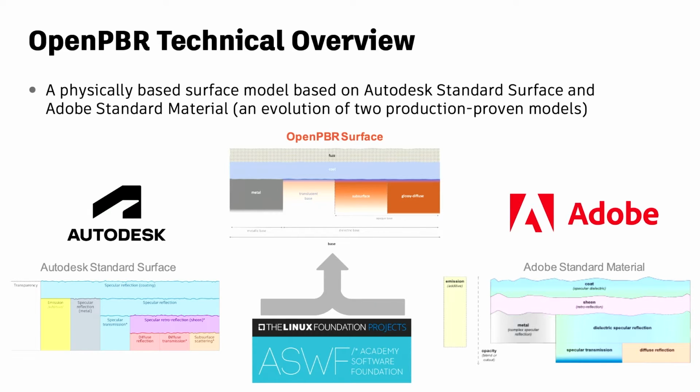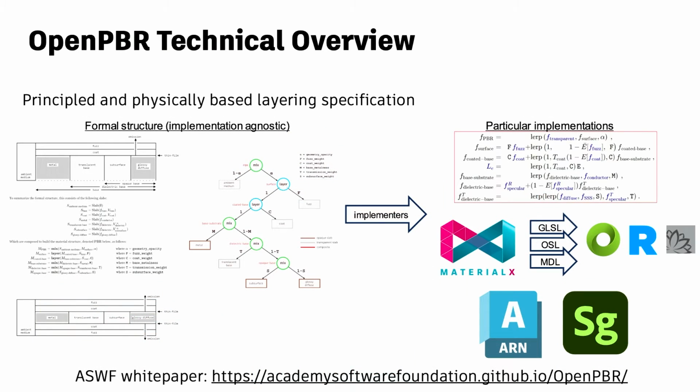This new OpenPBR Surface borrows from both of those and has many commonalities, with a few key differences, such as the fuzz layer that's replacing sheen, which you'll see on the top there. Both of these models are widely adopted, so that was a good basis to start this effort.